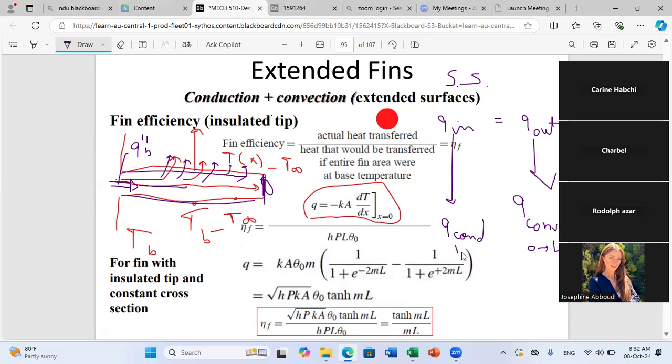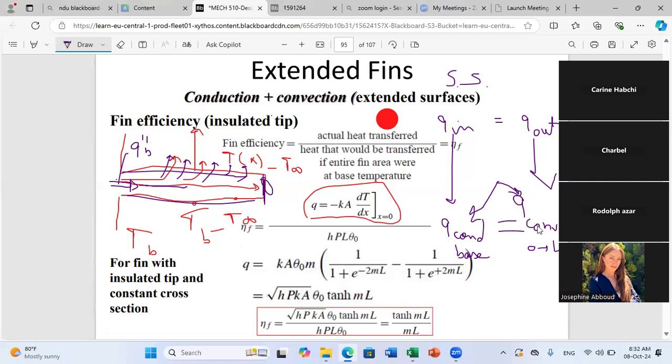That's why, in case you have an insulated tip, there is no need even to do the integral to find the total heat lost by the fin, because you can directly say that if I know Q conducted at the base, it is equal to the integral over the whole fin.